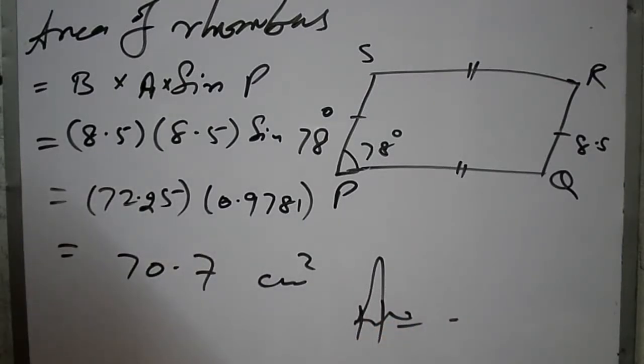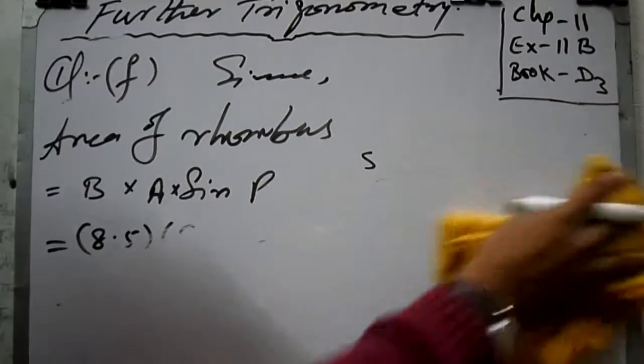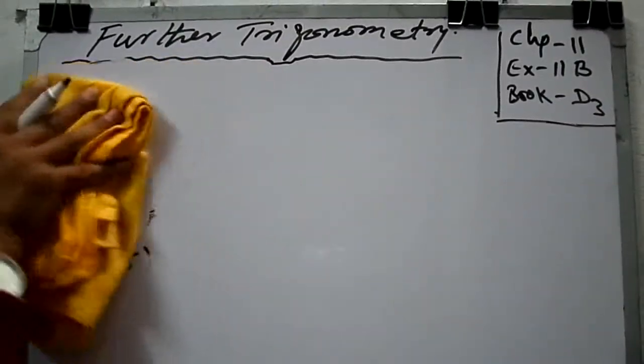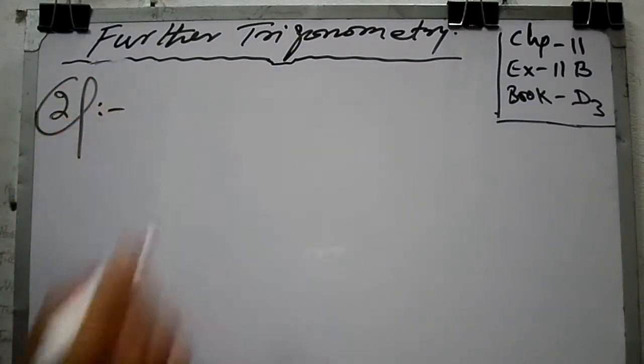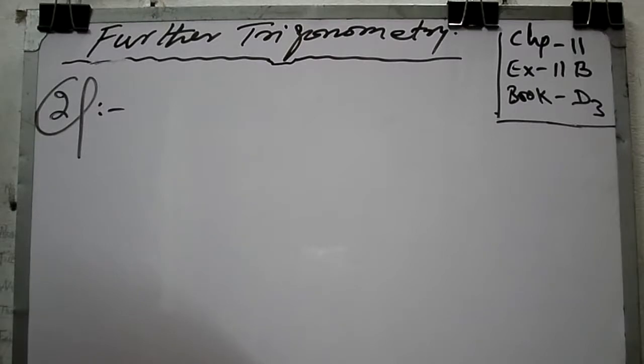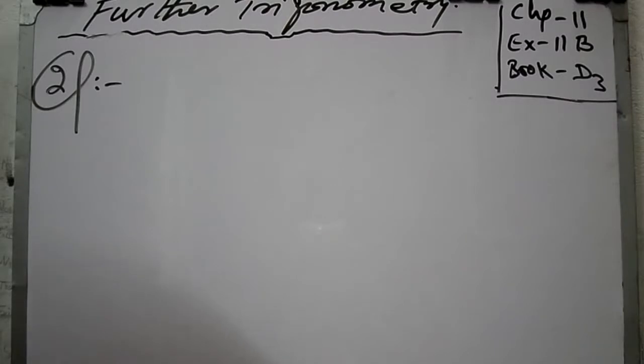So coming to question number 2. In triangle ABC, A is 45, B is 15 centimeter, and C is 22 centimeter. Find the area of the triangle.